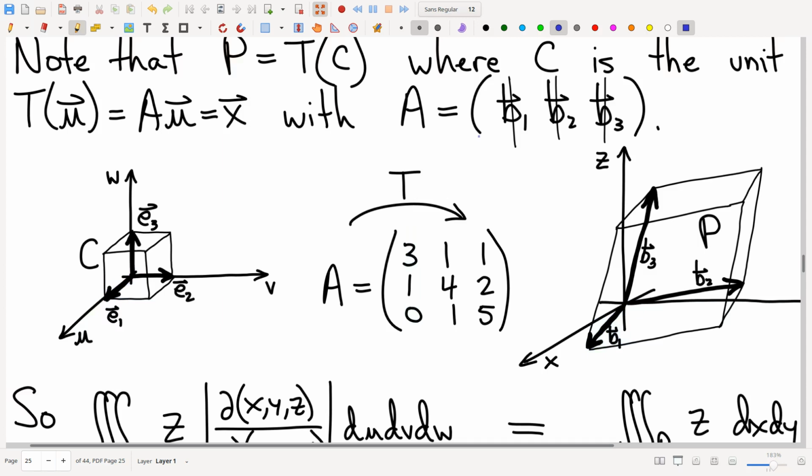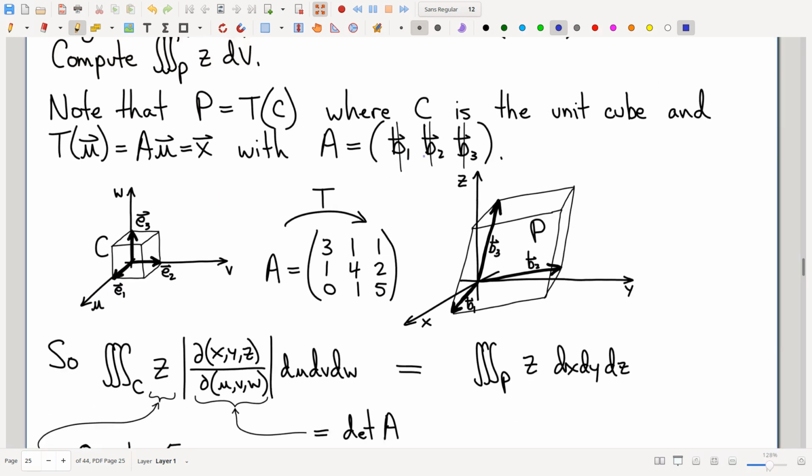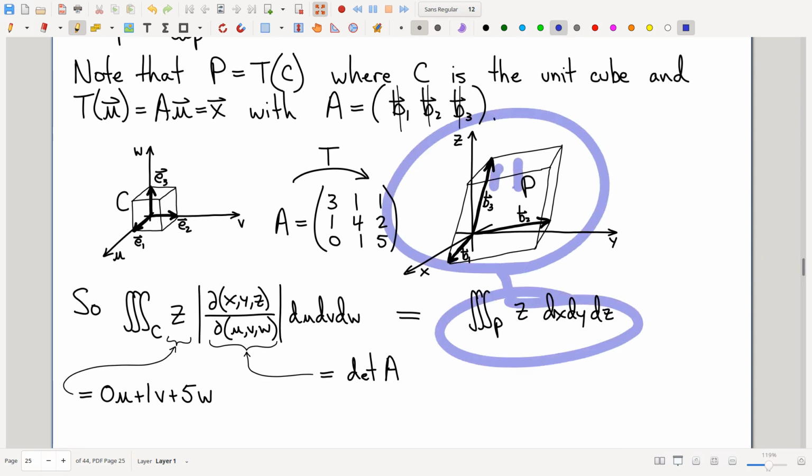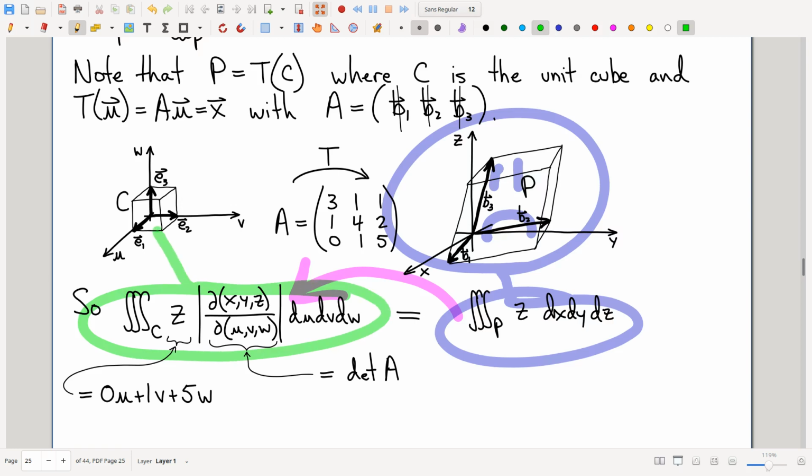All we have to do is say, with this change of variables set up, this integral on that horrifying domain pulls back to this integral on this lovely little domain.